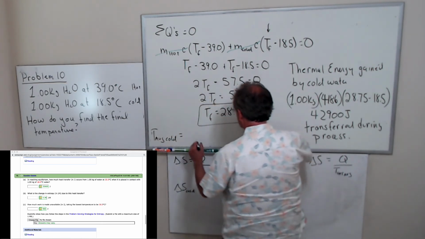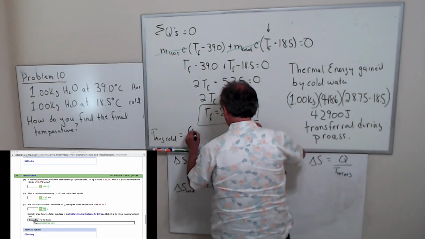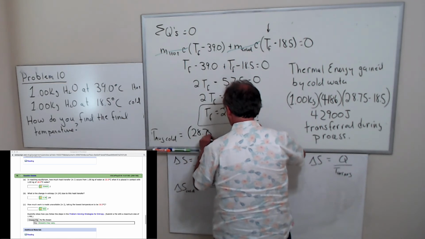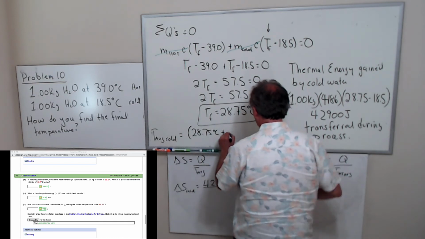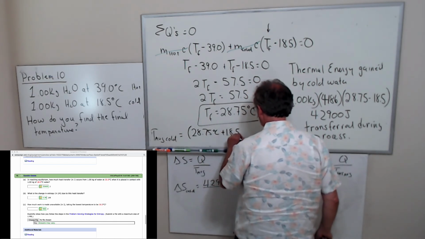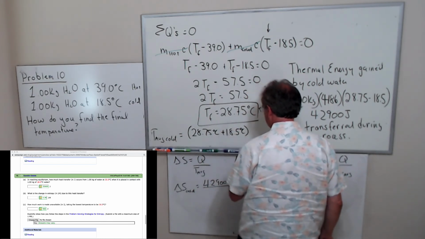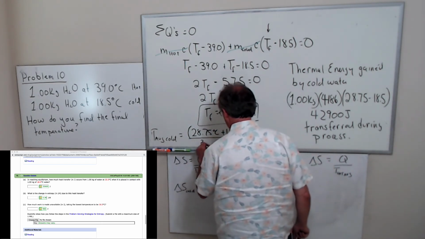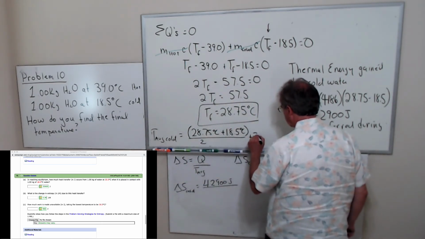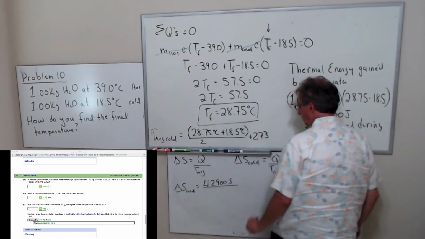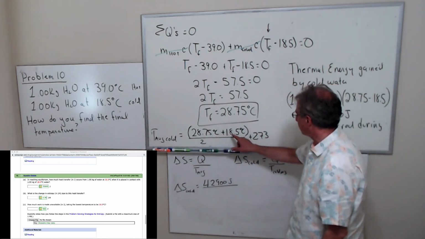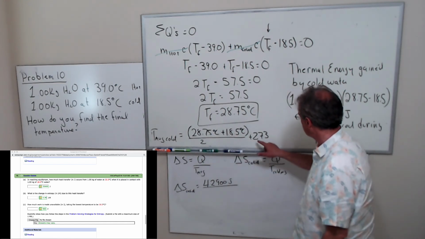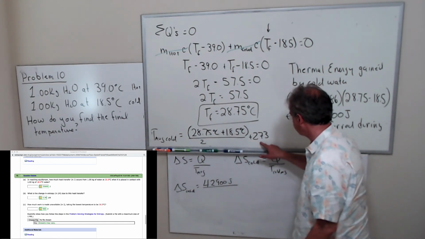It's going to be this value plus the 18.5 divided by 2, and then I got to add 273. So it's 28.75 plus 18.5 divided by 2 plus 273.